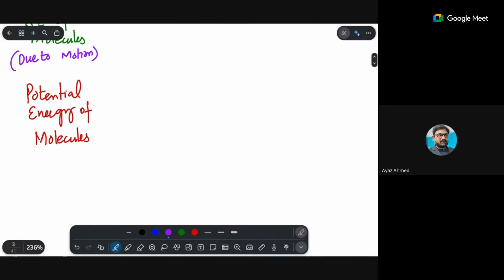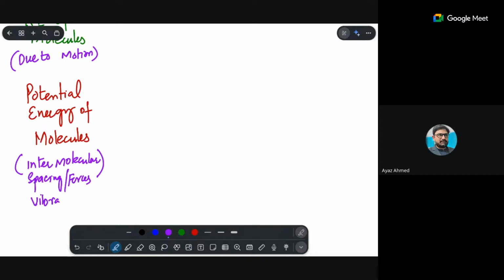Potential energy is based on intermolecular spacing, or forces, and on vibration.